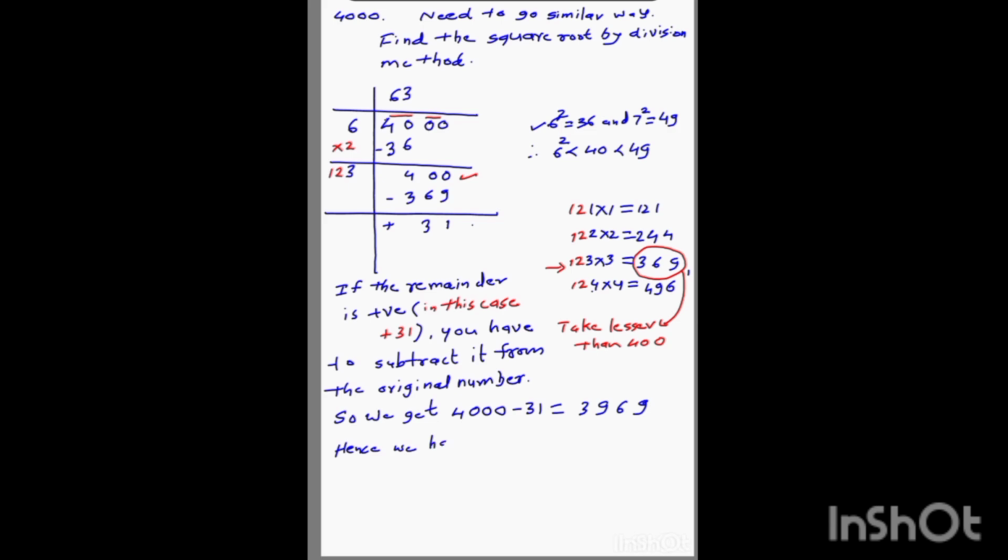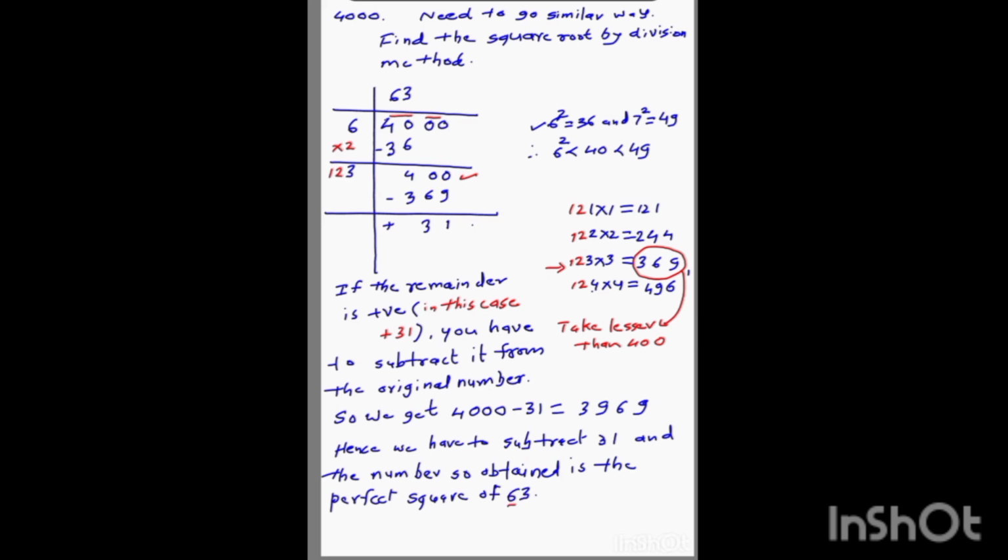So we are supposed to answer two questions. What number should be subtracted is 31, and the resultant number formed is a perfect square, so it will have a perfect square root of 63.